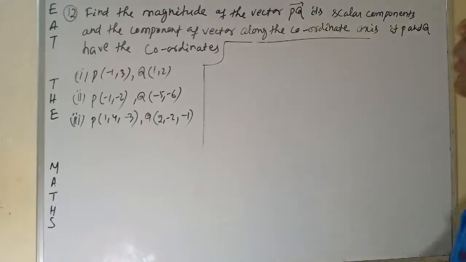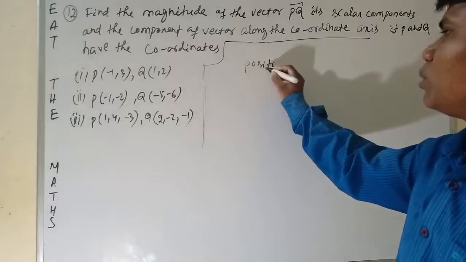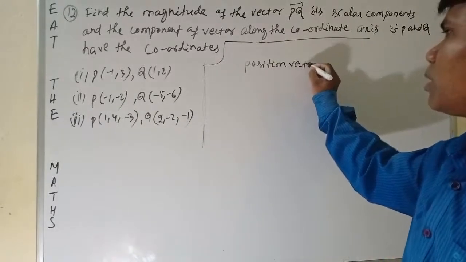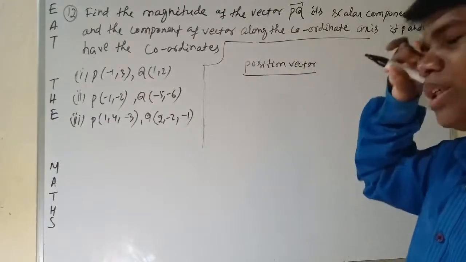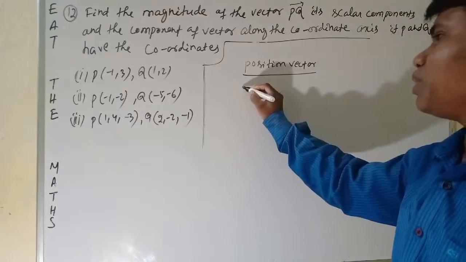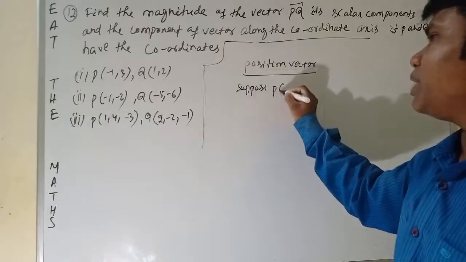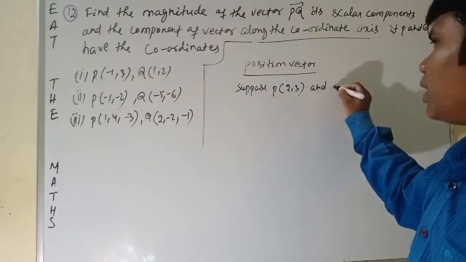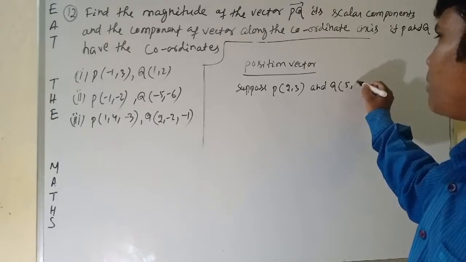Let us discuss position vector. Suppose P is a point of coordinate 2, 3 and Q is a point of coordinate 5, 6.